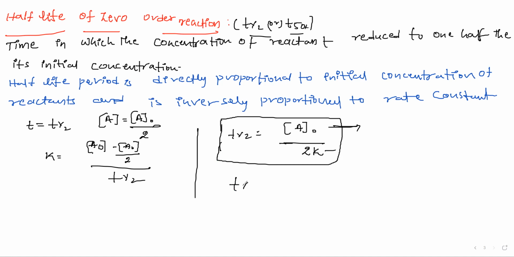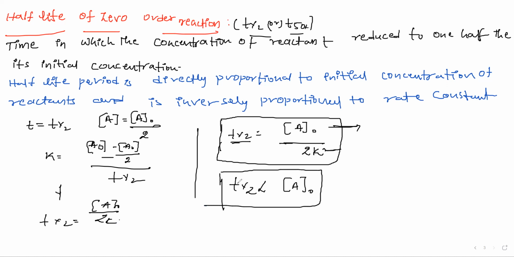So t of is directly proportional to a naught and inversely proportional to its rate constant. After simplifying this reaction, t of is equal to a naught by 2k. Is it clear about this?